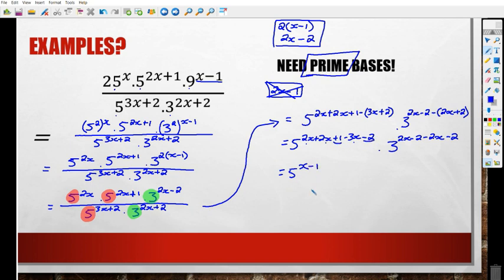It's minus 1, and that exponent is as a whole, x minus 1. Multiplied by 3 with 2x minus 2x, which gives me 0, so the x terms cancel out. Then I've got minus 2 minus 2, which gives me minus 4.